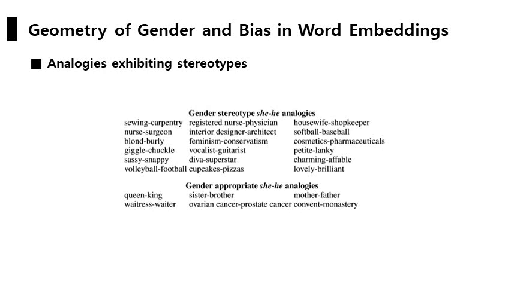In the standard analogy task, we are given three words. For example, he, she, king, and look for the fourth word to solve he is to king as she is to x.